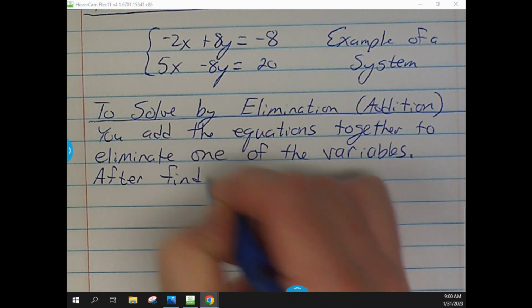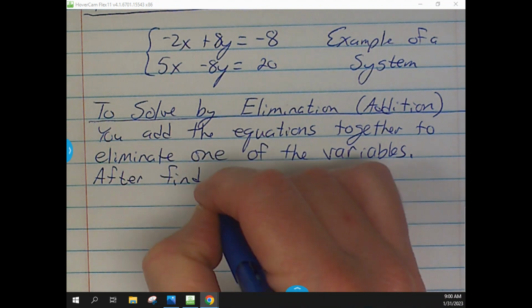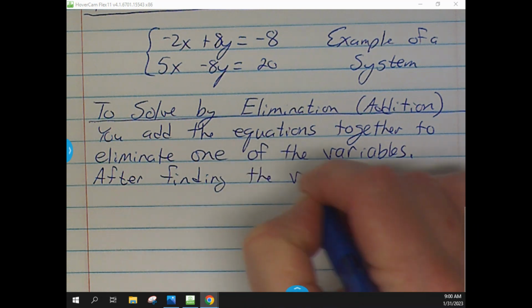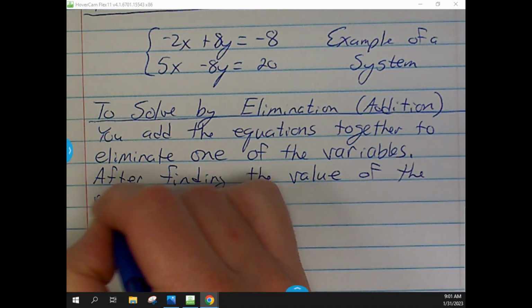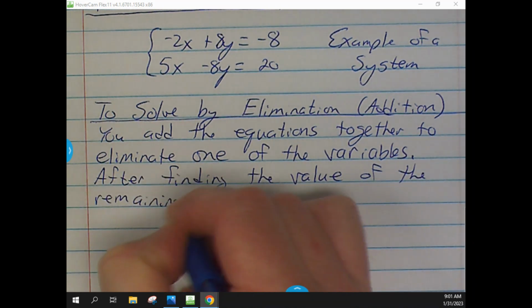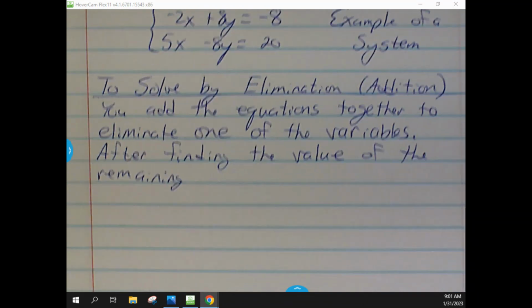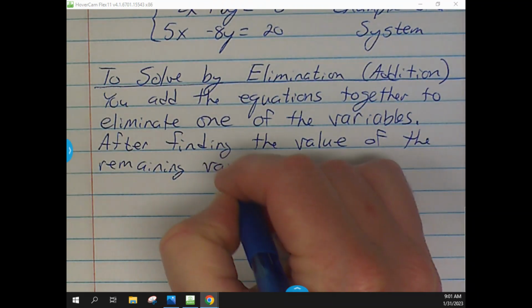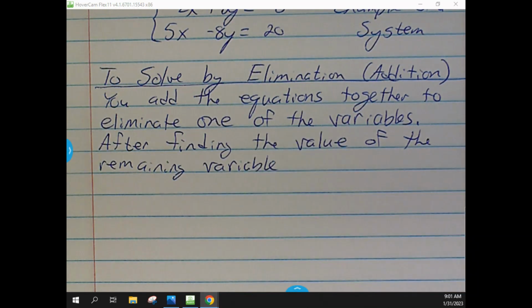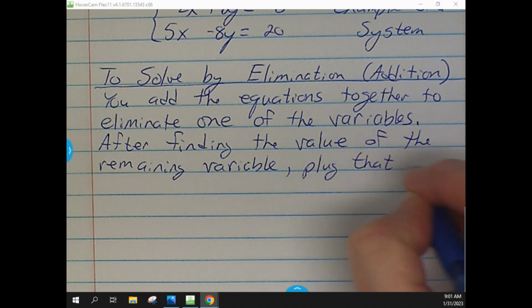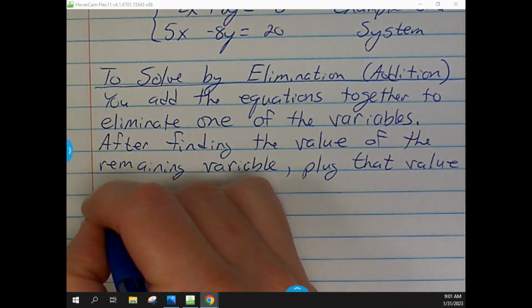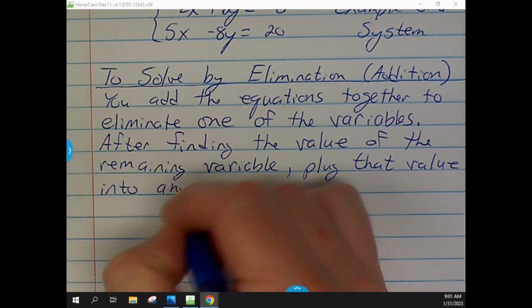after you find the value of the first variable, so you're going to eliminate one variable, which means you've got one variable left over. And after you find the value of that remaining variable, then you plug that value into any of the originals.